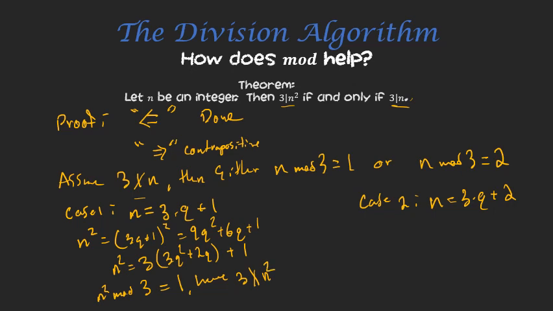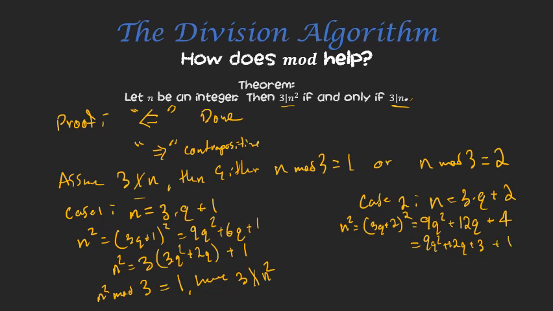All right, let's see what happens in the other case. Again, we'll square n. So n squared is (3q plus 2) squared, 9q squared plus 12q plus 4. How can I pull 3's out of this? Well, I'm going to split up that last one: 9q squared plus 12q plus 3 plus 1.